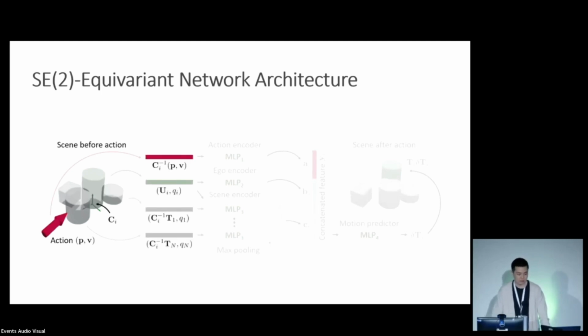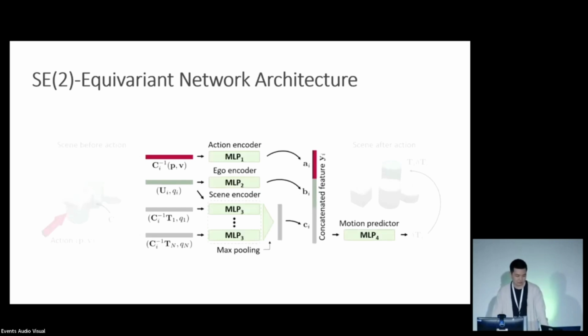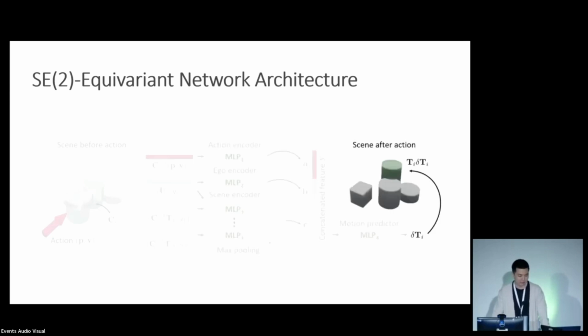And all objects together with the pushing action are then transformed by Ci inverse. These values are then passed through several MLP layers, producing the output transformation delta Ti. Finally, the next pose is calculated by multiplying the original pose Ti by delta Ti. This output is SE2 equivariant.